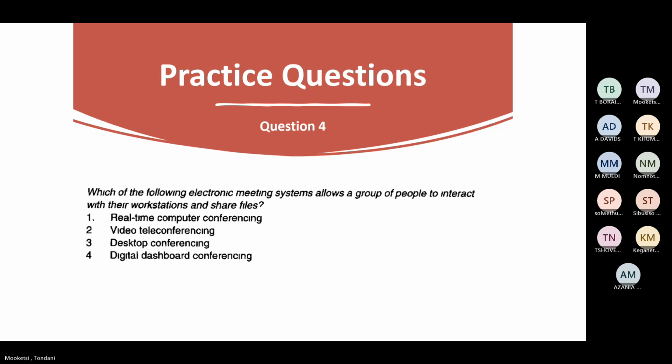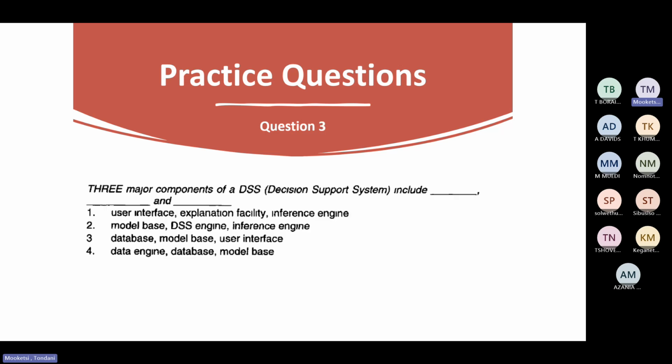I'm not saying DSS engine is not a major component. So this is what the question asked. They are asking for 3 components, but from the diagram we know there are 4 components of the DSS.